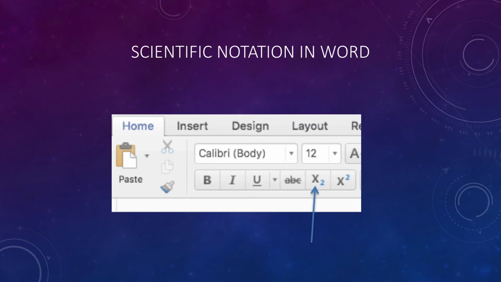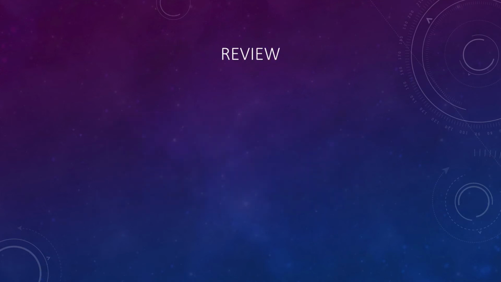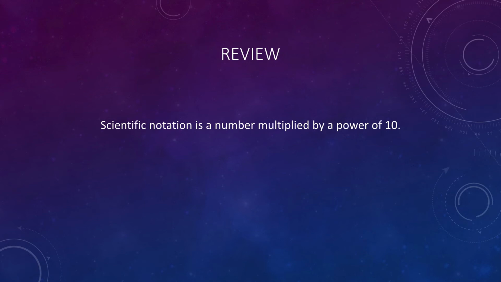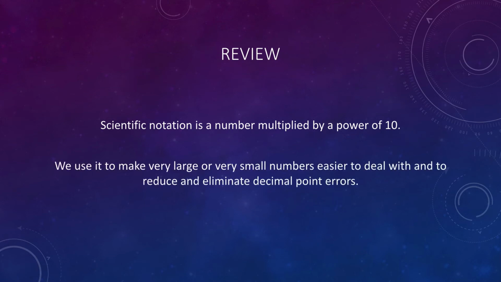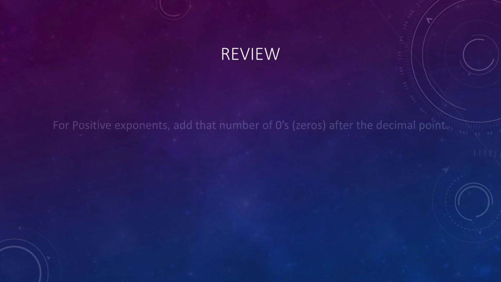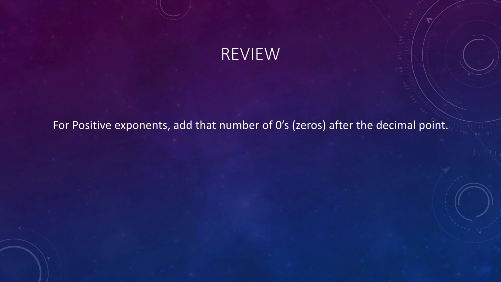To review, scientific notation is a number multiplied by a power of 10. We use it to make very large or very small numbers easier to deal with and to reduce and eliminate decimal point errors. For positive exponents, add that number of zeros after the decimal point.